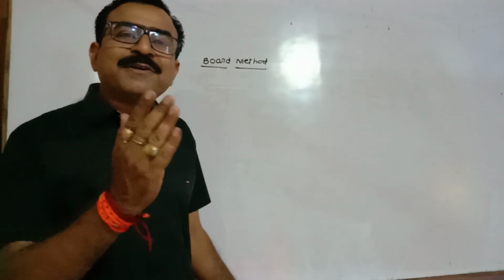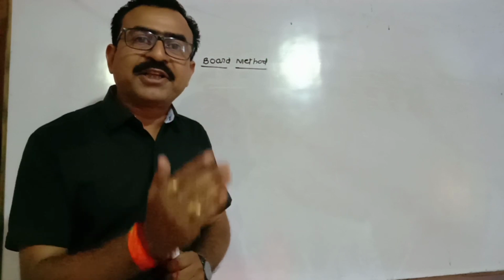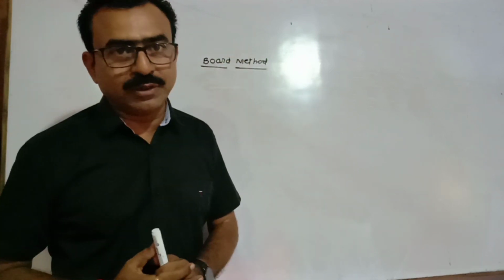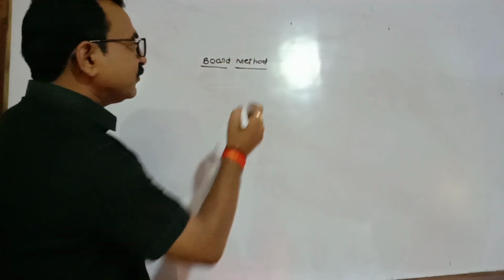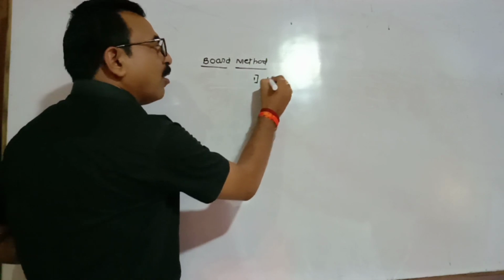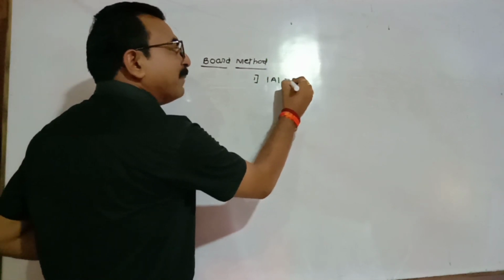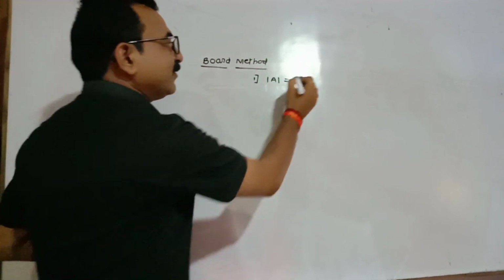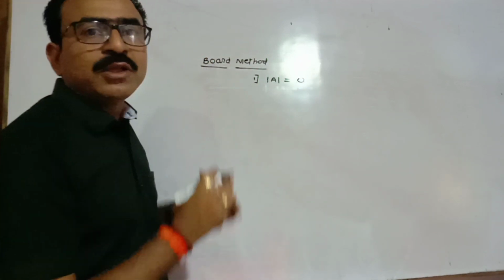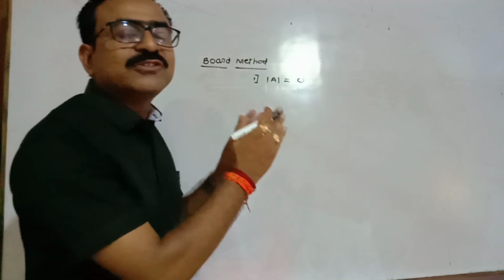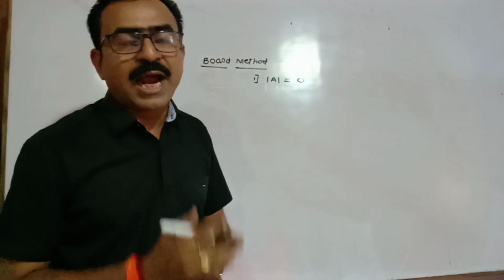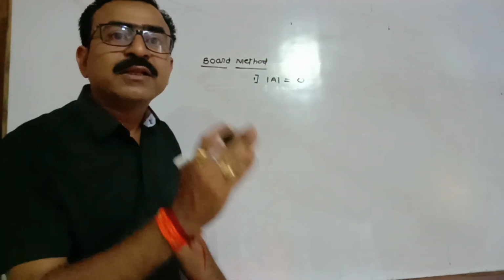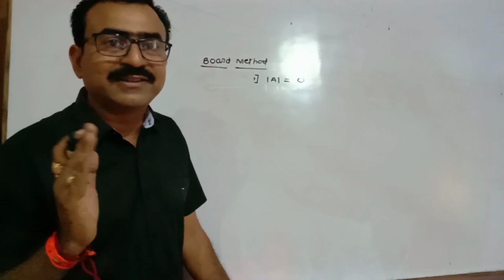Your first rule is to check whether the matrix is singular or non-singular. For this purpose, find the value of the determinant of the given matrix. If the value of the determinant of the matrix is equal to 0, then the matrix is said to be a singular matrix, and if the matrix is singular, then its inverse does not exist.